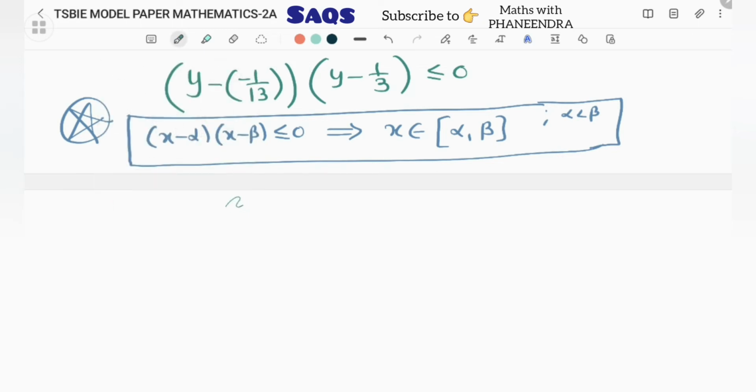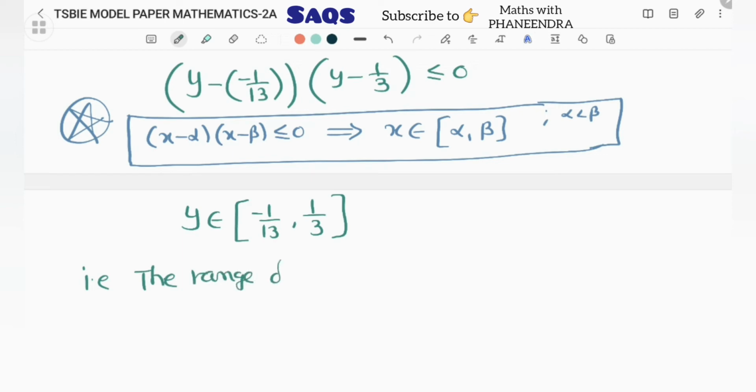So according to this, y belongs to the closed interval, alpha value is minus 1 by 13 comma 1 by 3. So that is the range of the given expression.